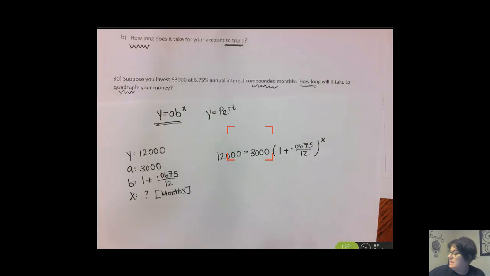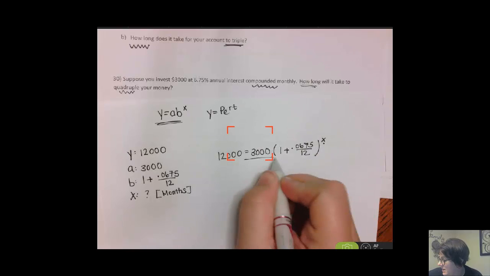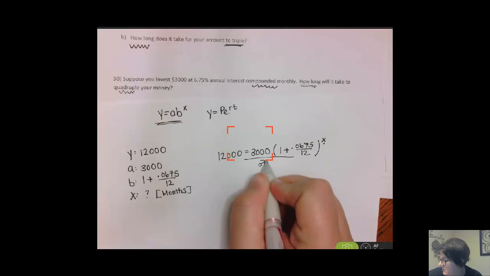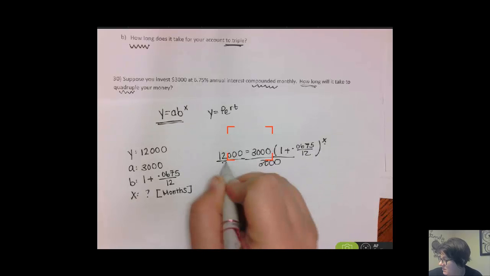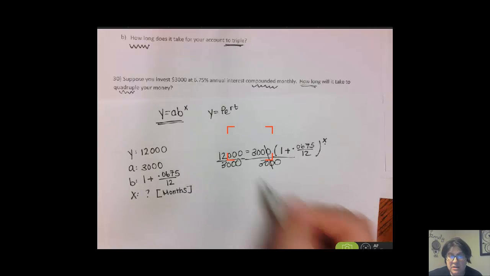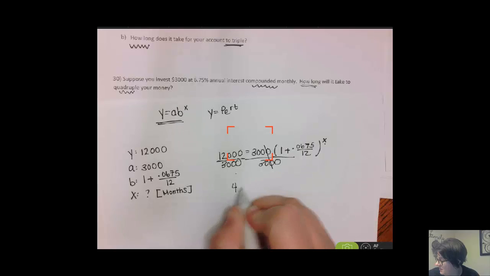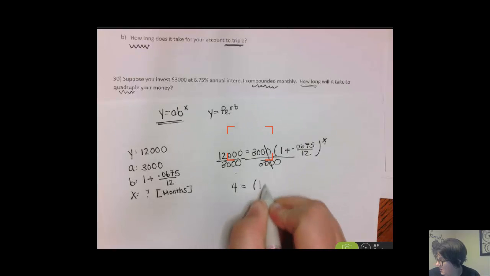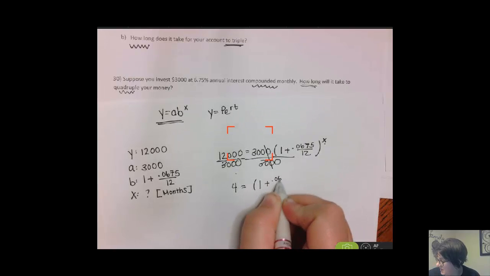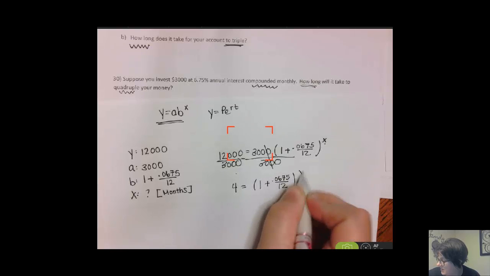We're going to eventually need a log because there's a variable in the exponent. So divide by 3,000. Those make 1. And then what do you know? That's 4. 1 plus 0.0675 divided by 12 to the x.